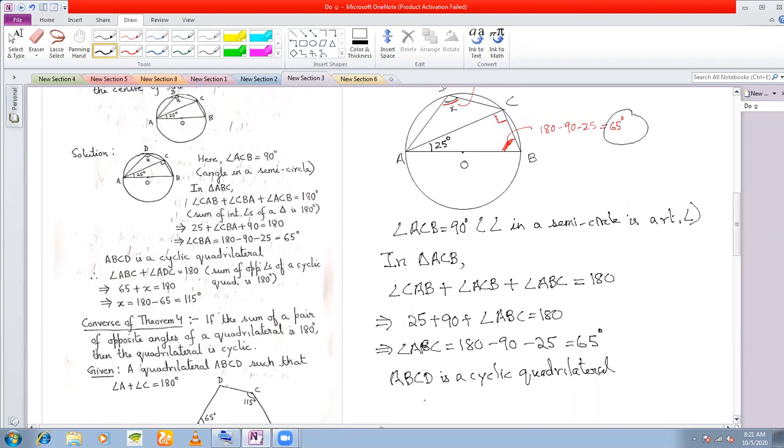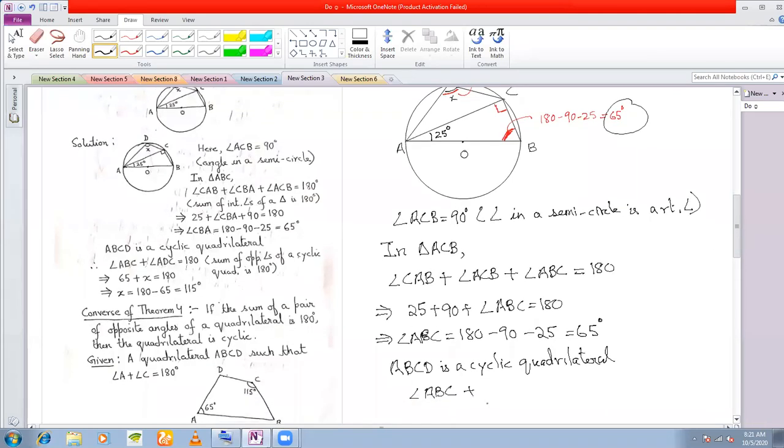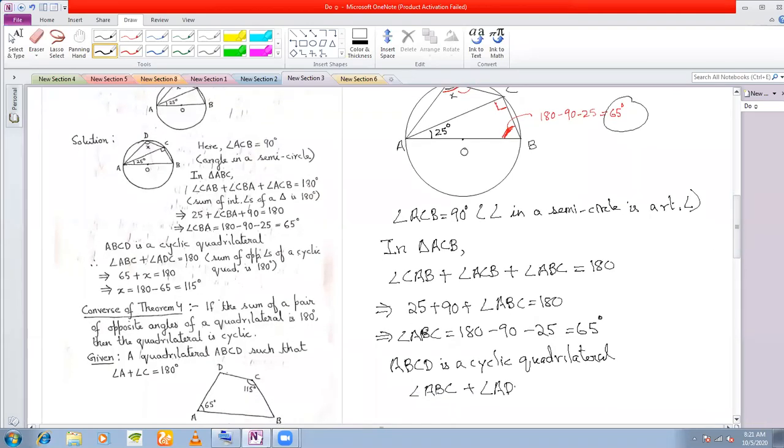So we write, since ABCD is a cyclic quadrilateral, angle ABC plus the angle X, you can either write ADC or you can simply write X, angle ADC equal to 180 degree, and you will give your reason because sum of opposite angles of a cyclic quadrilateral is 180 degree.